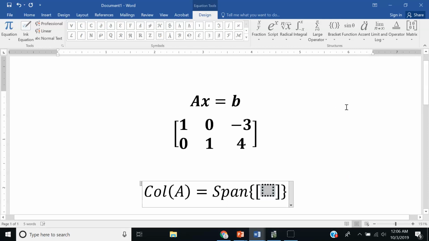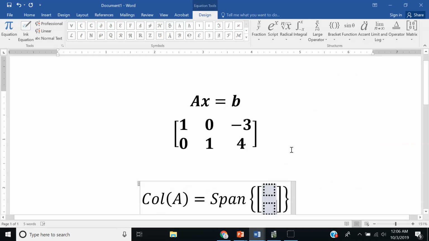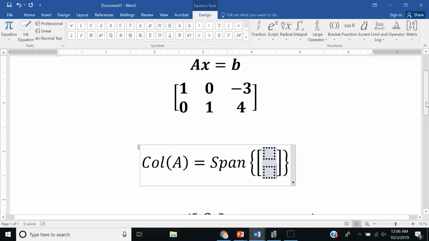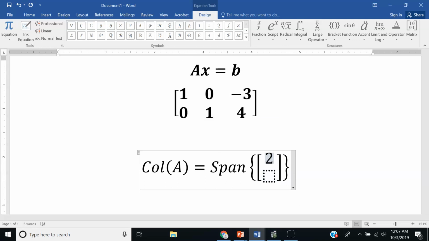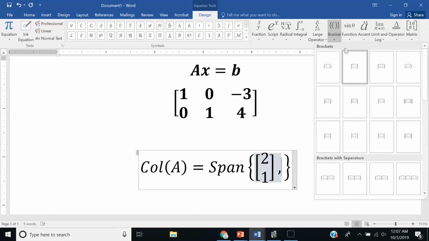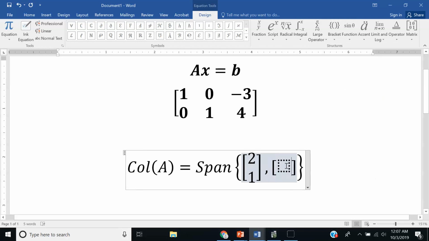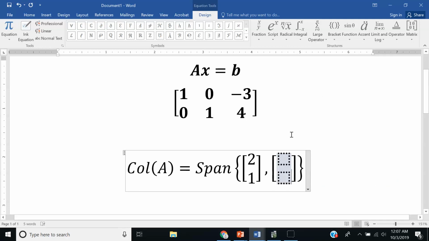If you remember the original matrix A, the first column was (2, 1), and the second column of A was the column (3, 1).